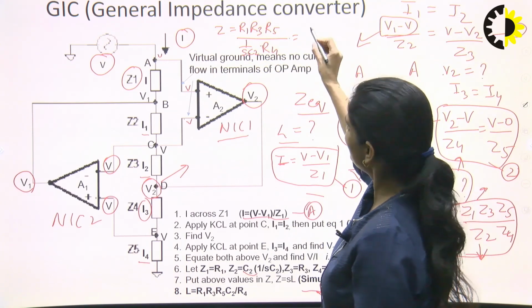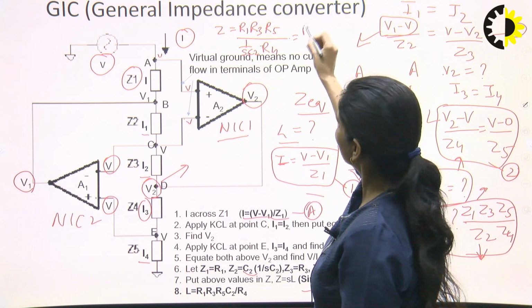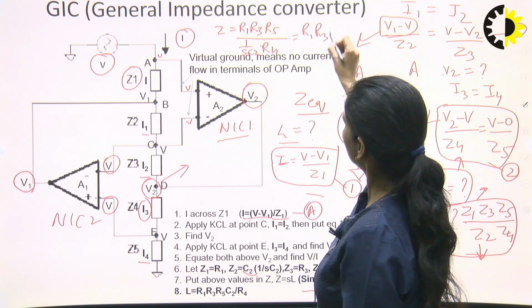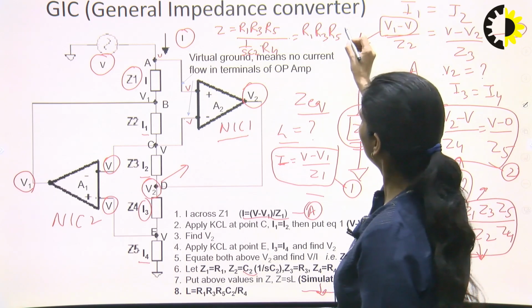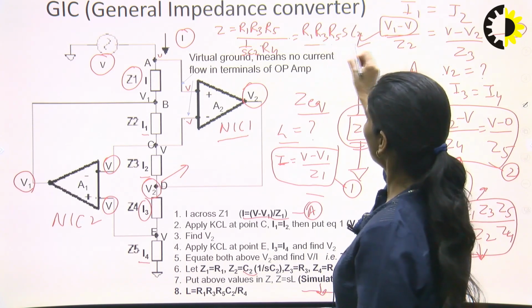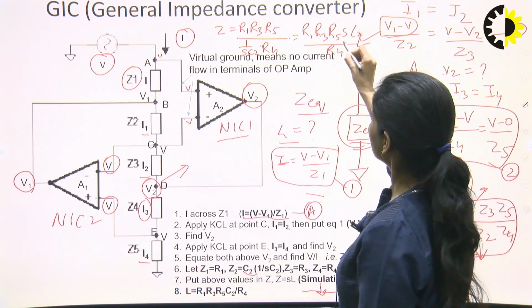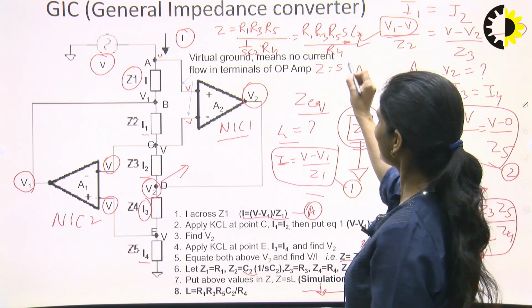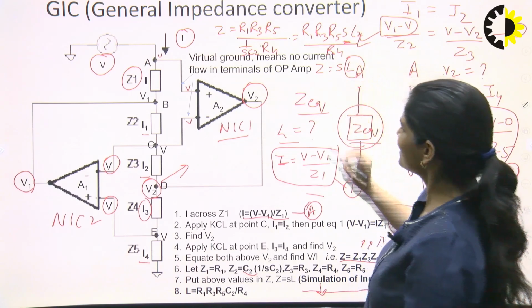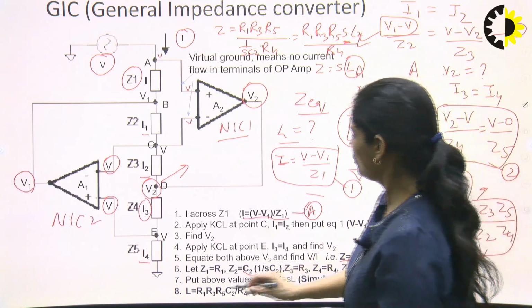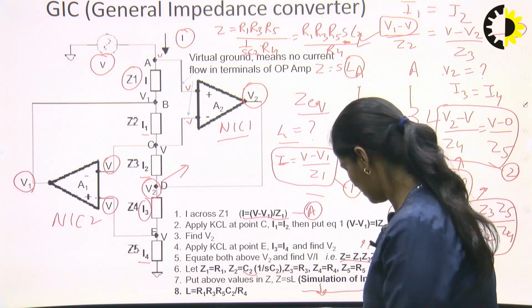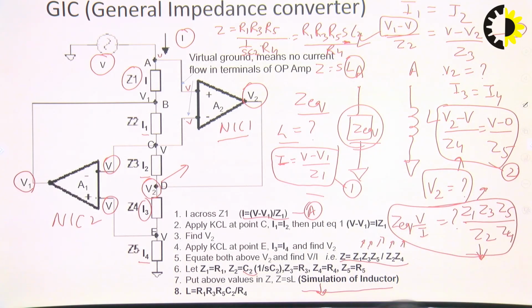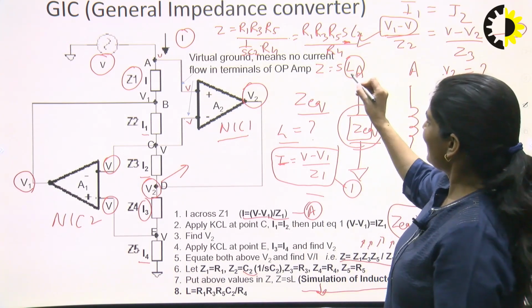When you will solve it, you will get here like this, R1, R3, R5 into S C2 upon R4, and S is in the numerator. It means Z is equal to SL, right? So L is how much?